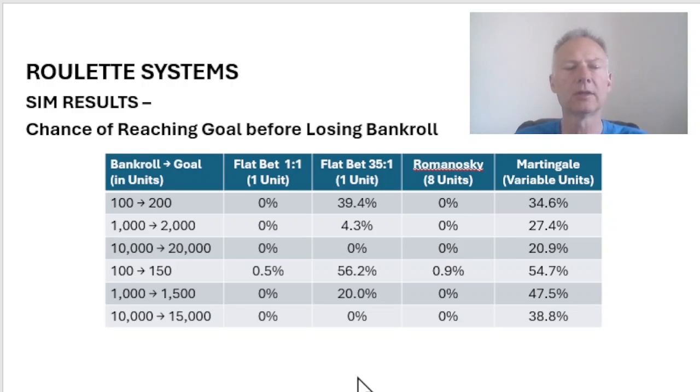But you will necessarily eventually encounter a series of losses from which you cannot recover, and it will wipe out your bankroll. With Martingale, there is a chance that with specific goals, like if you want to double your bankroll or you want to increase your bankroll by 50%, you might be able to get there before your bankroll is wiped out. And you can see that in this final column here. However, it does not overcome the house advantage. The house, in the long run, with Martingale, will make money off of you, and you will lose money.